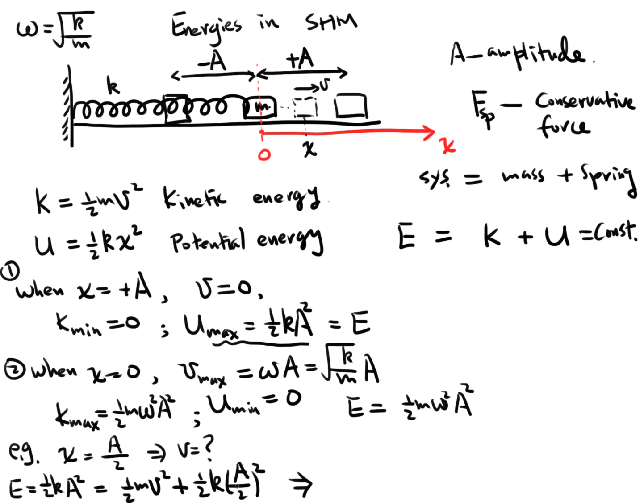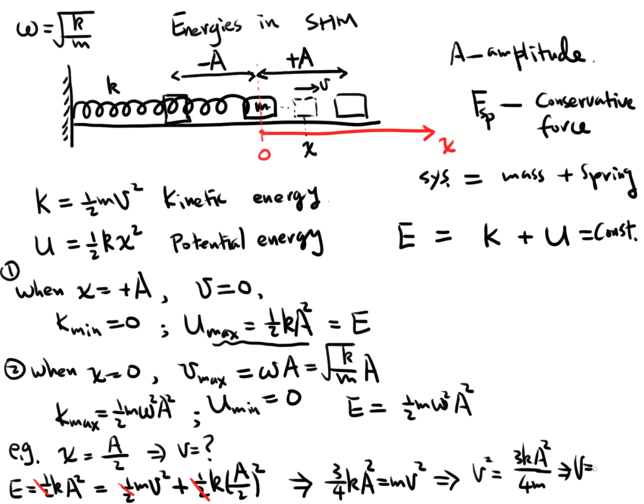So here is 1/4 times 1/2 Ka squared. Actually we can get rid of this 1/2 for all terms, and so we get 1/4 here. If I move this 1/4 to the left side, I get 3/4 Ka squared equals mv squared. So the velocity squared equals 3Ka squared over 4m.